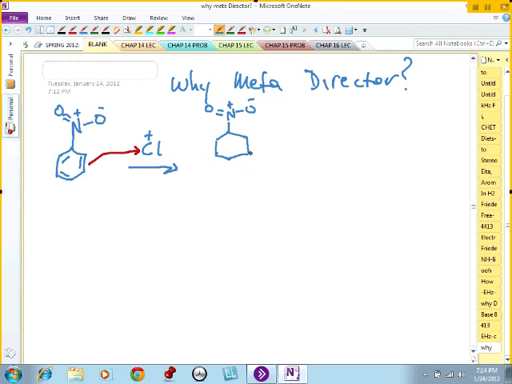Okay, so if you do that, the chlorine goes to the meta position. That means the positive charge will be here somewhere. And of course, this double bond is still here, and this double bond is still here. Now, let us draw resonance for this. We move this electron to here.